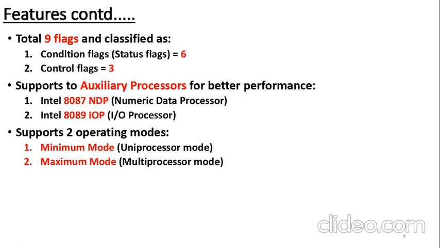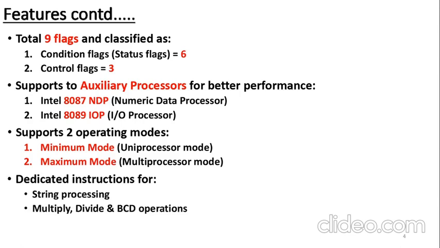Whereas maximum mode is a multiprocessor mode where, along with the 8086 main CPU, you may connect the Intel 8087 NDP for floating point operations or the Intel 8089 IOP for IO data transfer operations. Such a system is a multiprocessor system, in maximum mode. We'll see the designs of the minimum and maximum mode configurations later on as and when that time comes.